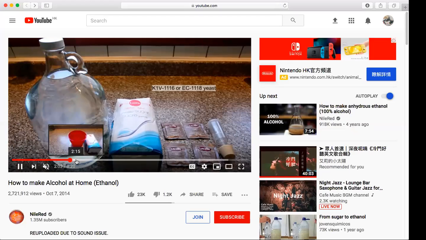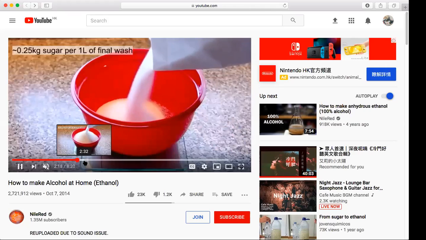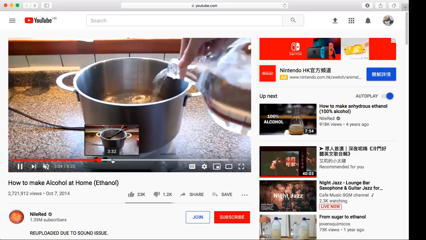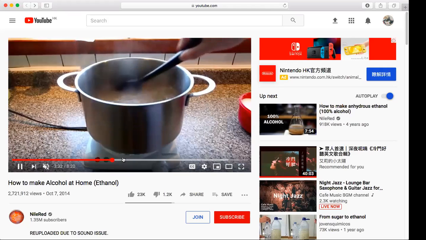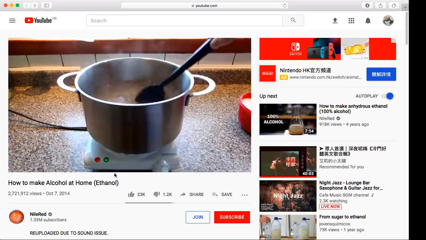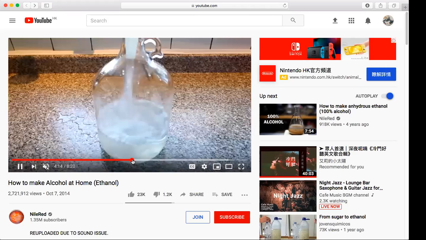First, you need to weigh the sugar that you use. Then you dissolve the sugar in water, and to make it all dissolve, maybe we need a little bit of heat. After that, we put it into the bottle.